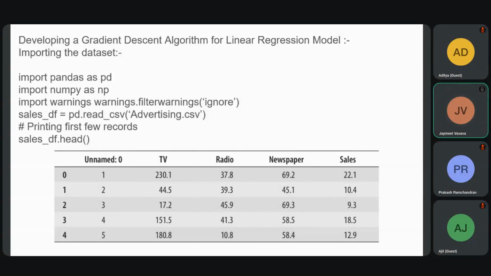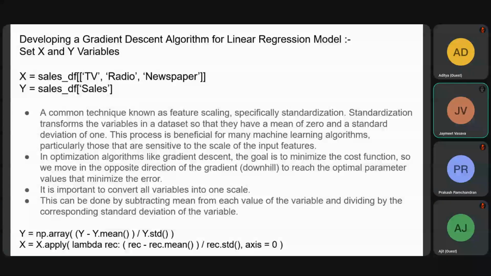And you can see the screenshot of the records. Now we already know the X and the Y values. The X are the values on which we will be predicting the value of Y.